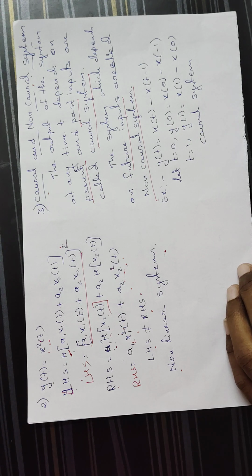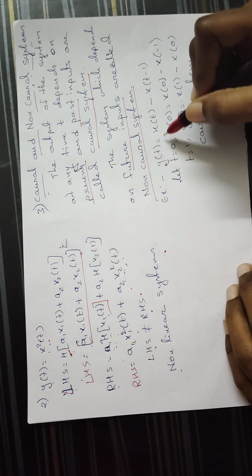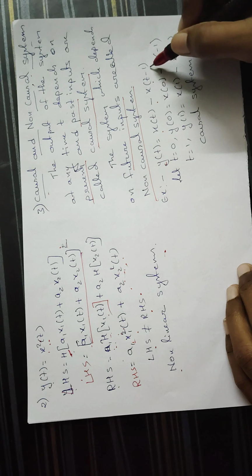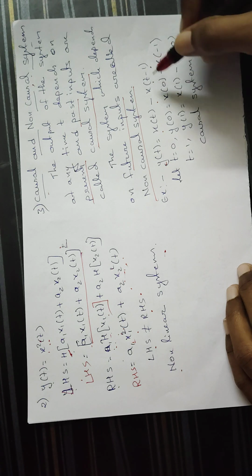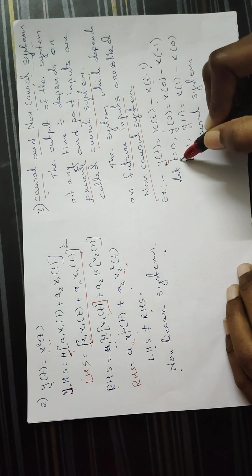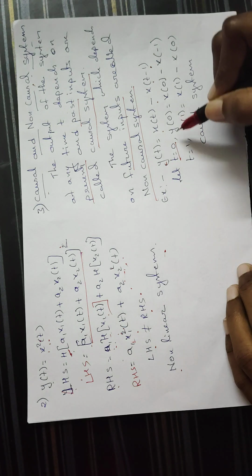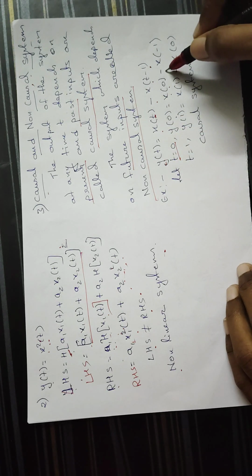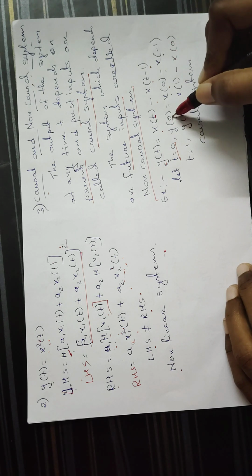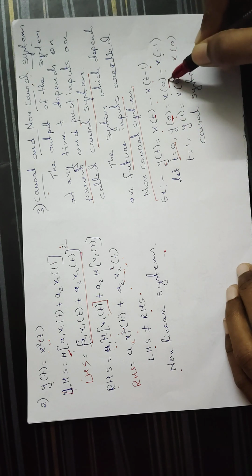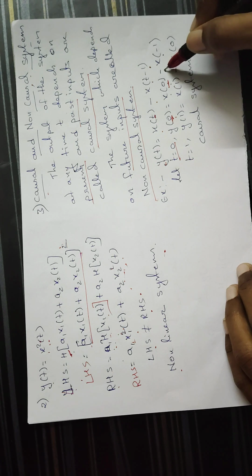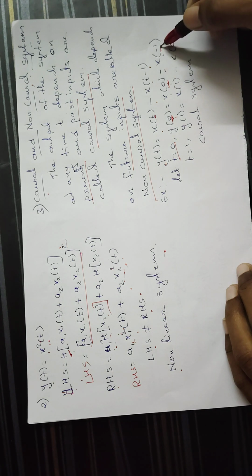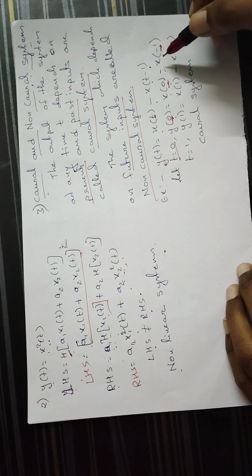Let us see one example here. Y of t is equal to x of t minus x of t minus 1. If you substitute any instant of time, I am taking t is equal to 0. Then y of 0 is equal to x of 0 minus x of minus 1. Here I am taking 0, we are getting the present value. Next one is minus 1, which is the past value.